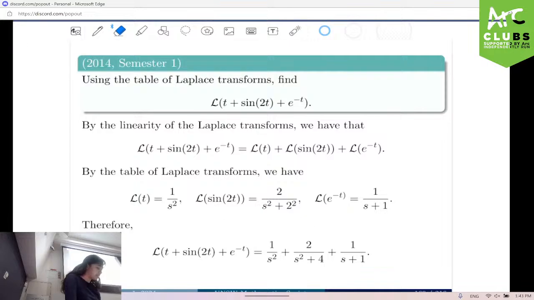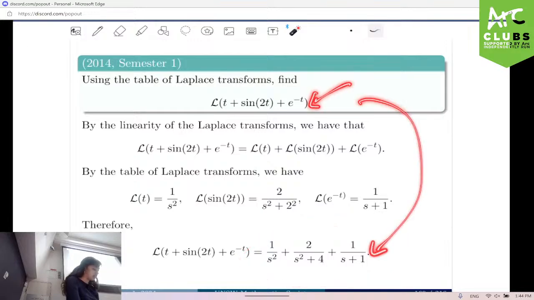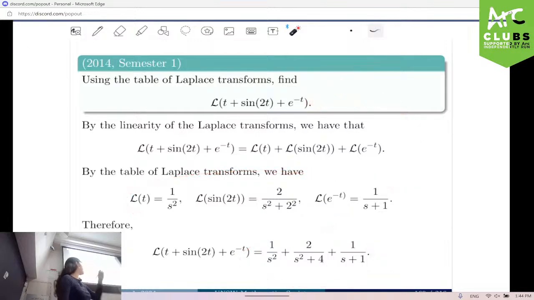Laplace of sine 2t will give you 2 over s squared plus 4, and Laplace of e to the minus t is 1 over s plus 1. So therefore, the Laplace of this function would just be that, by doing it one by one.